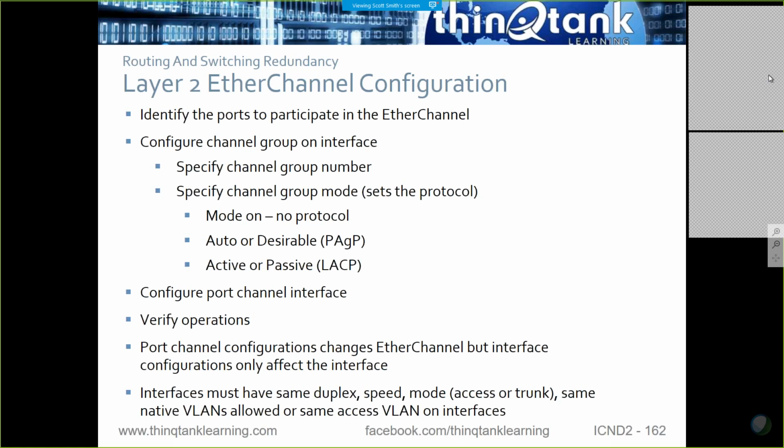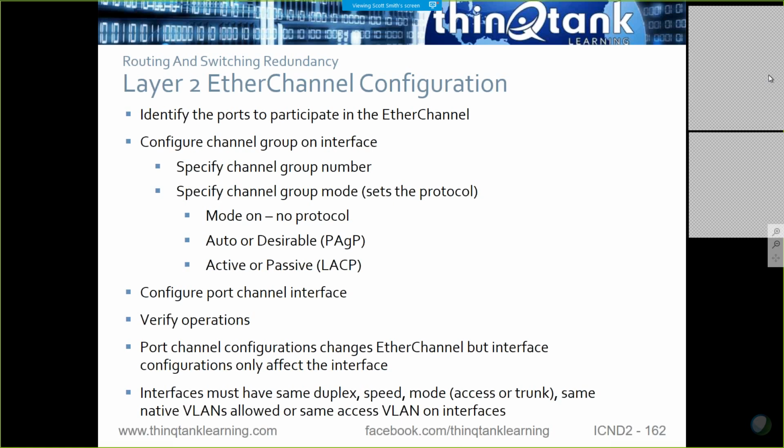The first thing, of course, you have to identify what ports are participating in the ether channel. You specify a channel group number. By the way, all of this will make more sense when you actually look at the configuration. You specify the channel group mode. By specifying the mode, you're actually specifying the protocol. So to say channel group 1 mode auto or channel group 1 mode desirable, you're using PAgP.